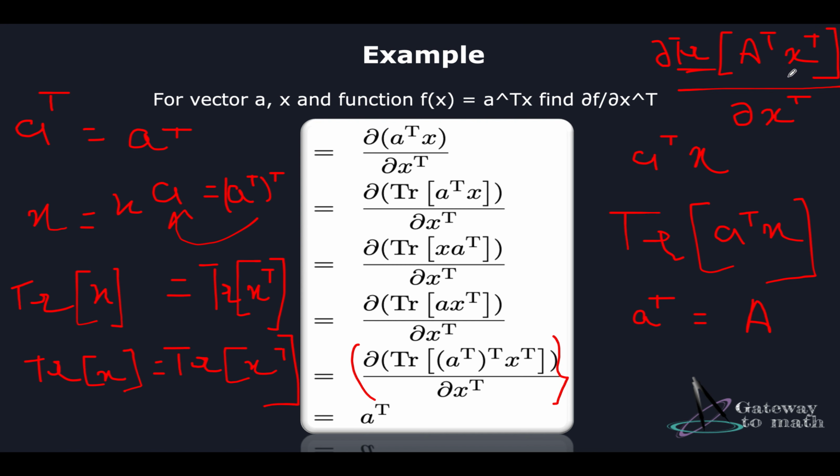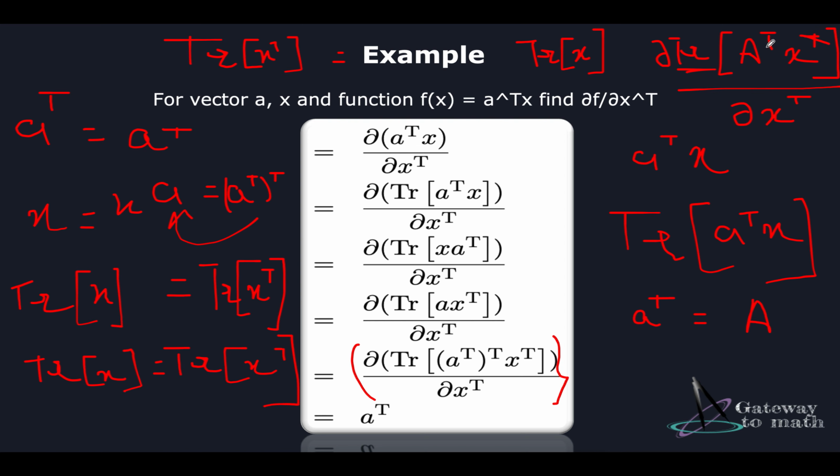So can I actually replace trace of x transpose with trace of x? Yes, I can do that, correct? Because as per property 6, both of these values are equal. So I can replace this transpose, and now I'm finding the partial derivative of trace of transpose of A times x with respect to transpose of x.